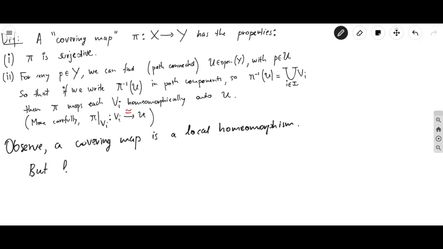But local homeomorphisms, even if they're surjective, because as you can see, one of the requirements of a covering map is it has to be surjective, you might think, well, maybe if the local homeomorphism was also surjective, then it will satisfy the second property. That's not necessarily true. We'll see examples of that. But a surjective local homeomorphism is not necessarily a covering map.